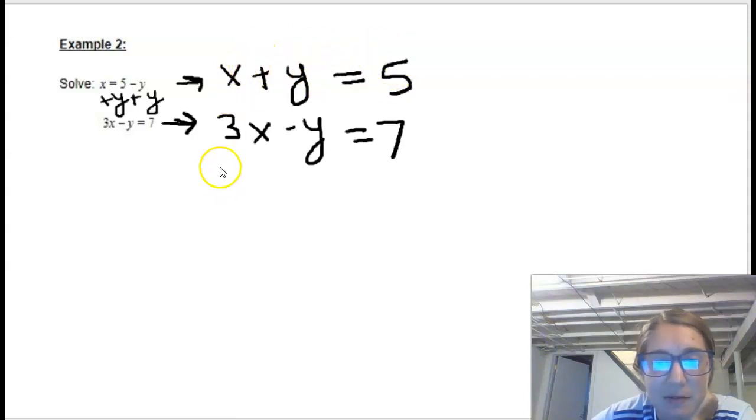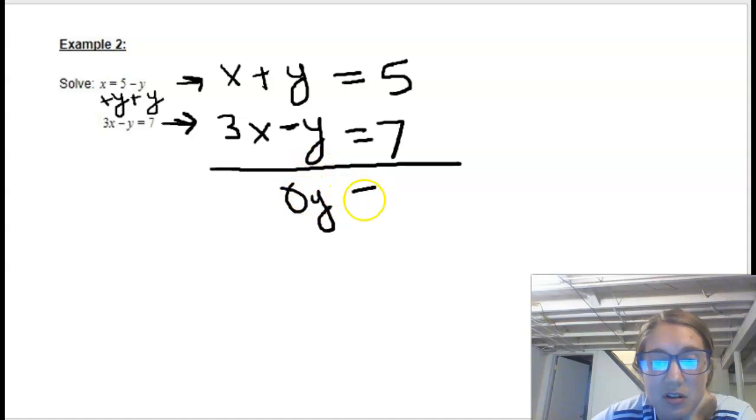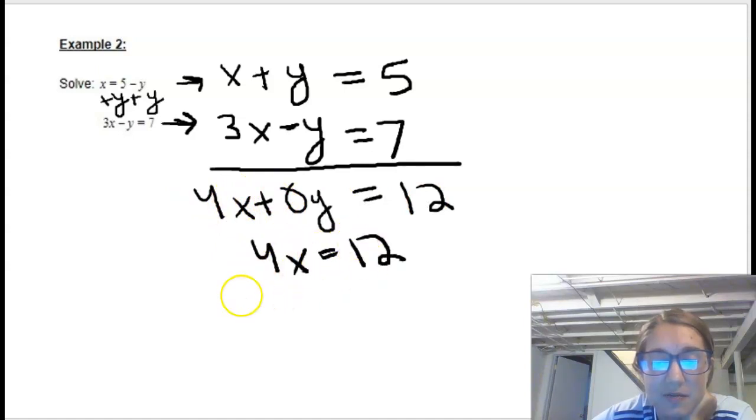So I have my x's on top of my x's, my y's on top of y's, my constants on top of constants. I'm trying to see if I add down, does anything add to 0? My x's do not, my y's do. So I have successfully eliminated my y's.